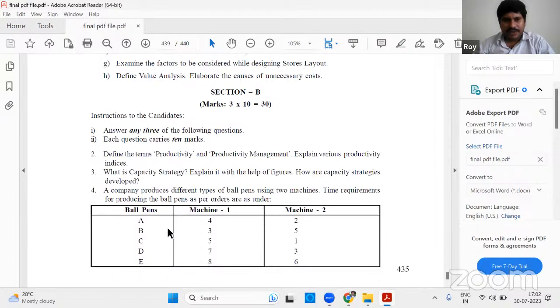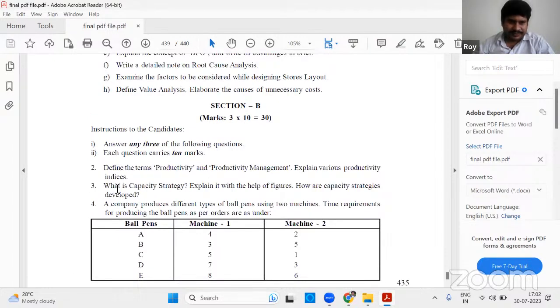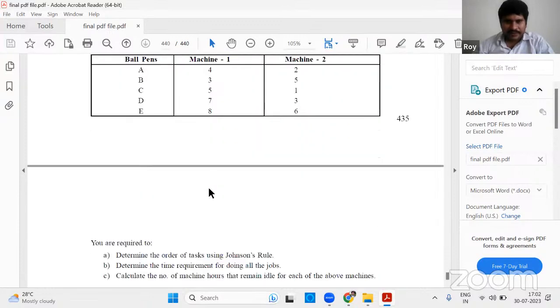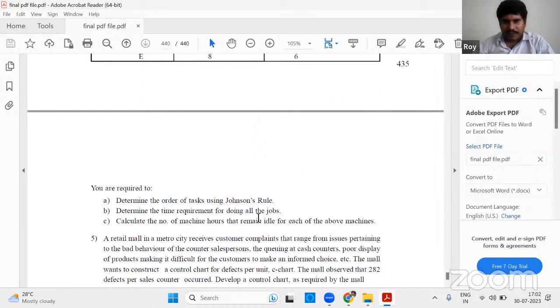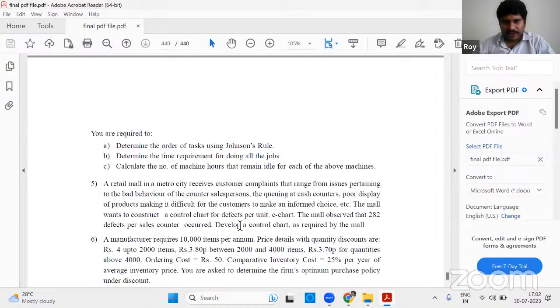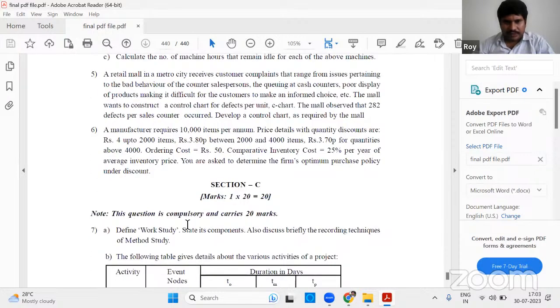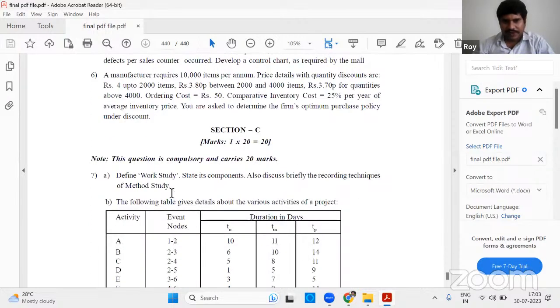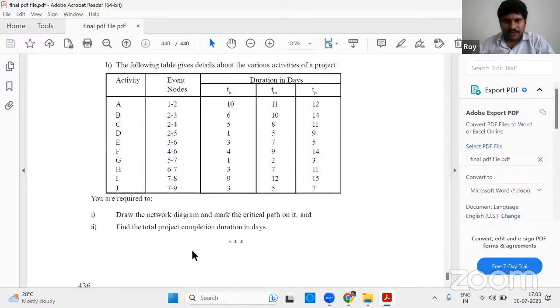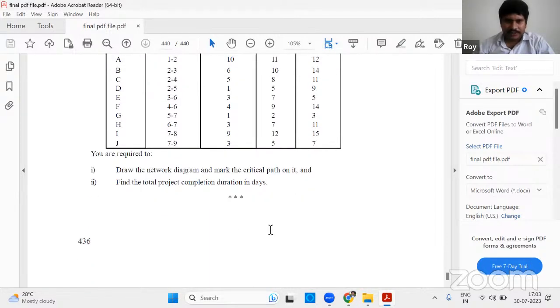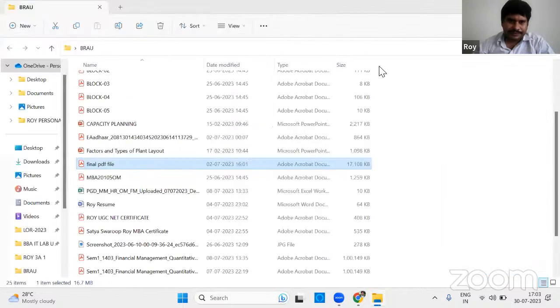Now, if you take the questions, production and capacity planning, order of cost, Johnson rule, as I told you that. If you go to section B, 20 marks question, work study. I showed you on PPT there. This is network diagram. I will tell you now quickly, I will take 15-20 minutes and I will try to do that.